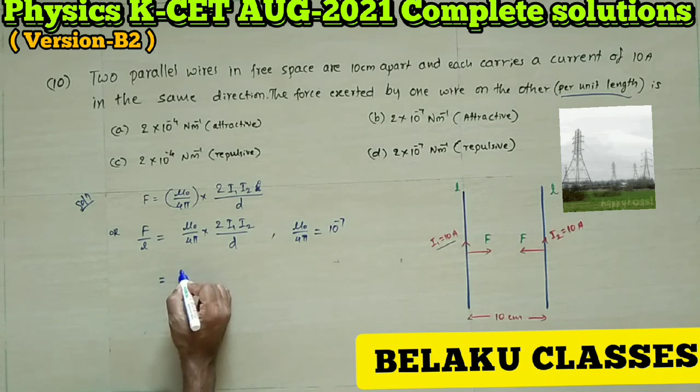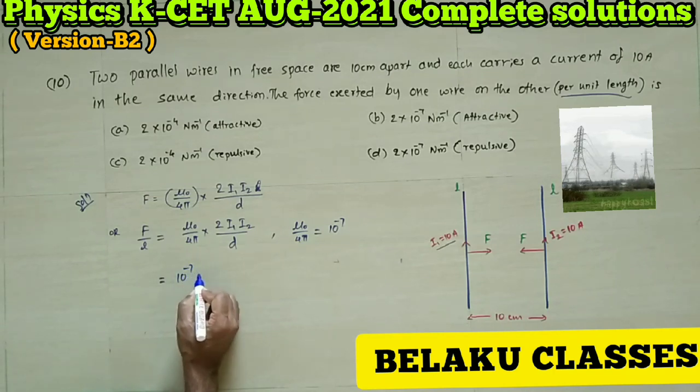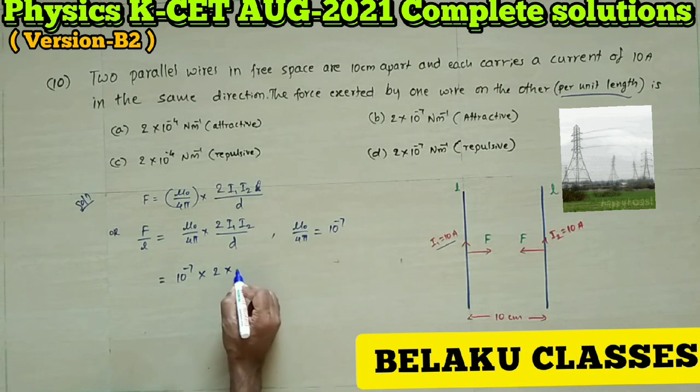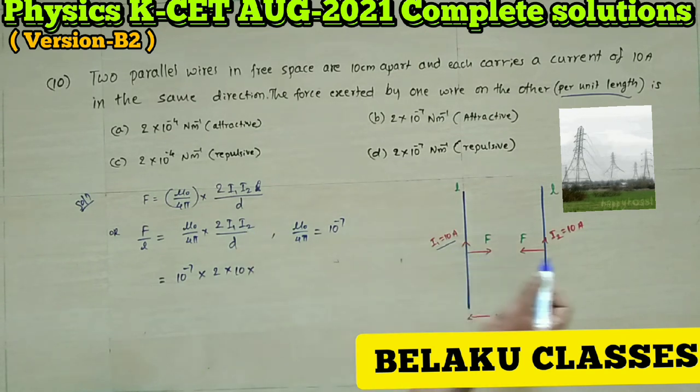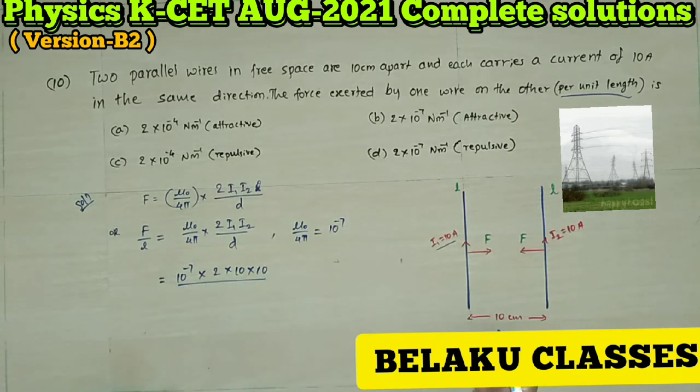Now putting the values of I1 and I2, the value of D and this constant, we get 10 to the power of minus 7 into 2 into I1, which is 10 ampere, into I2, which is also 10 ampere, by the distance given, 10 centimeter, which you can convert into meter: 10 into 10 to the power of minus 2.